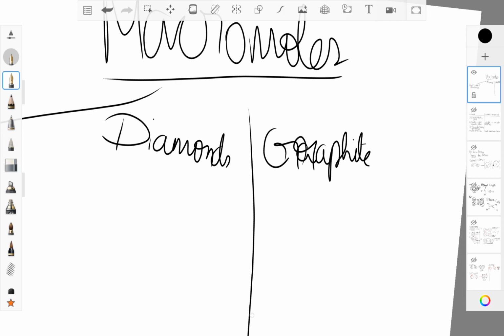So carbon exists as many different allotropes, and two of these are diamonds and graphite. And I think since we are all familiar with these two, we all know that diamonds and graphite are two very different things, which is ironic since they're both just carbon.